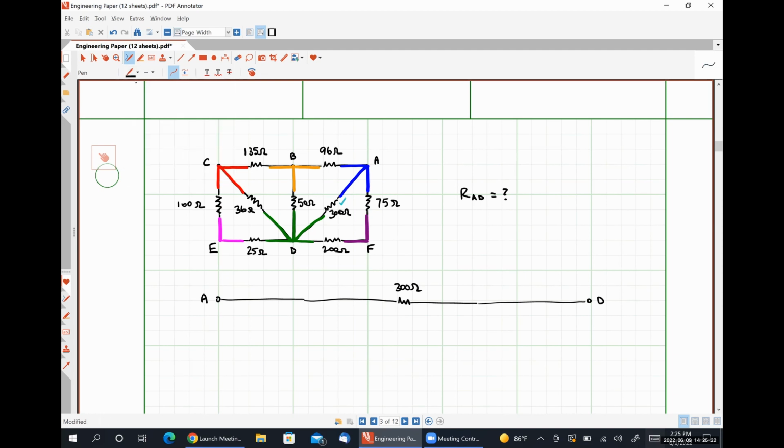Another way that I could get from node A to node D would be to go through node F. So I can go from A to F through the 75 ohm resistor.